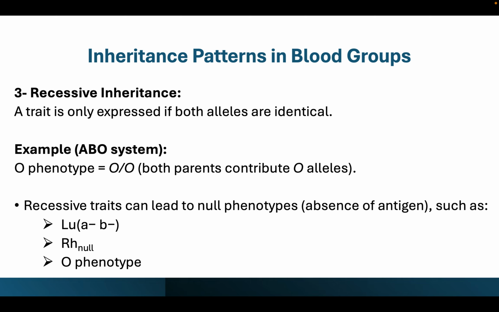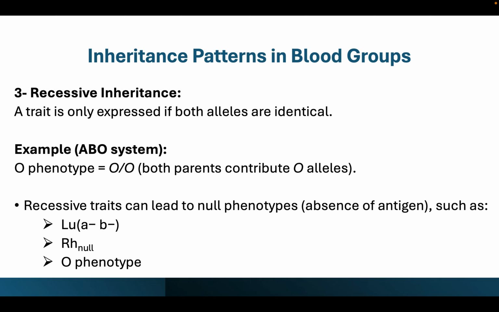If I have A or B, that means I have an active gene, the allele that encodes A or the allele that encodes B. But if there is a mutation on the allele, so nothing is encoded, I have a defective enzyme gene that helps to synthesize the antigen, so I have nothing. That means I have the O phenotype, meaning I have a null allele because I have a defective version of the gene.